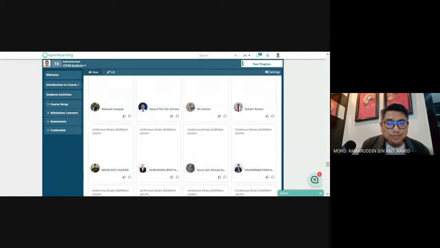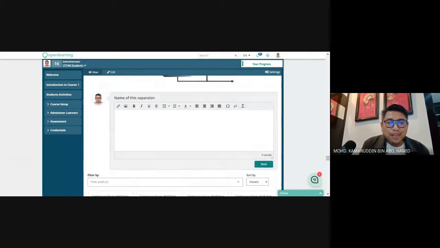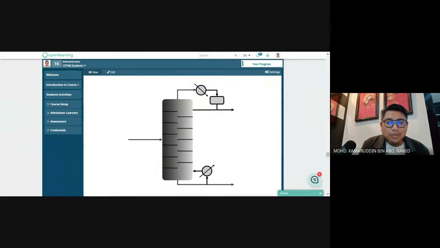Okay guys, based on whatever that we have discussed just now, and by not looking at your answer and your friend's answer, what do you think is the name of this separator? Kalau you ada dua-dua, you ada reboiler, you ada condenser, what do you call it?